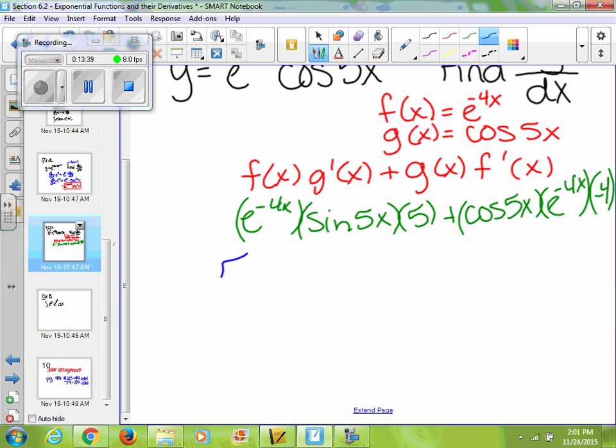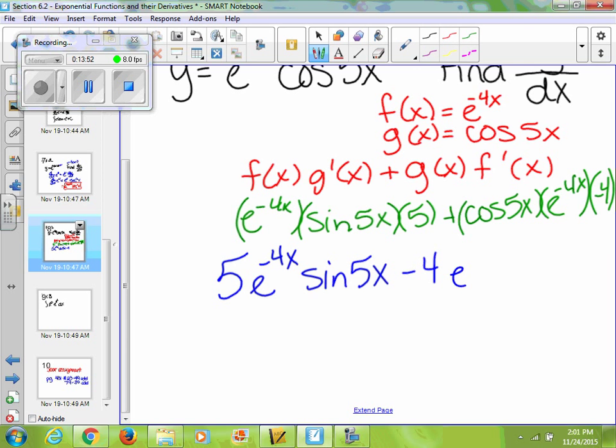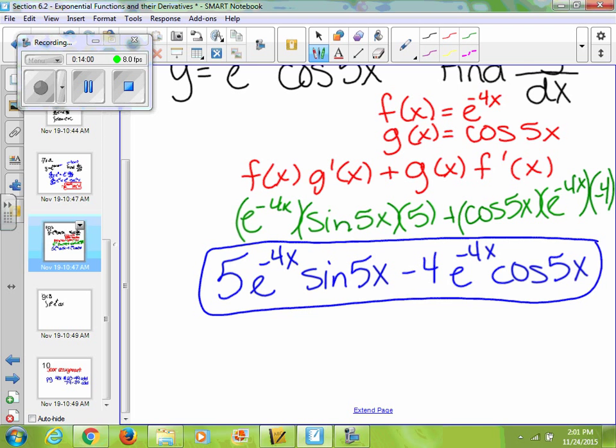So this becomes 5e to the negative 4x sine of 5x, minus 4e to the negative 4x cosine of 5x. Okay, so lots of different rules in play for the derivative of that one. Any questions?